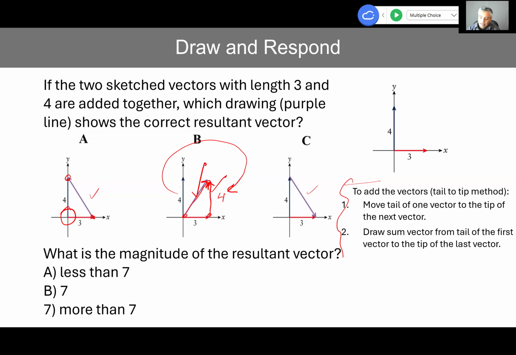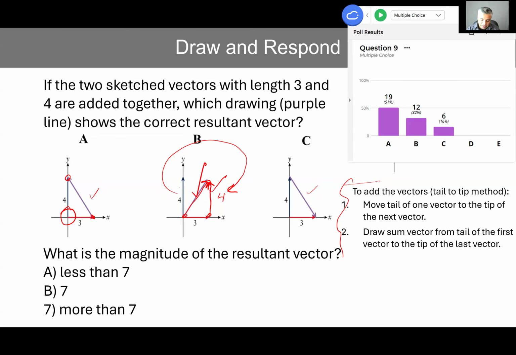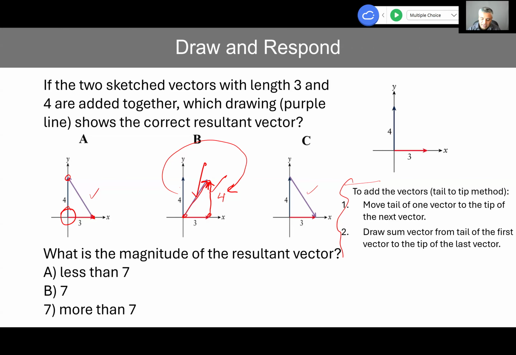Okay, let's see what we got. Less than 7 is A, 7 is B, and more than 7 is C. Okay, so A is correct answer. So 3 plus 4 is actually 5. So that's why for vectors, usually we do not want to write something like this.